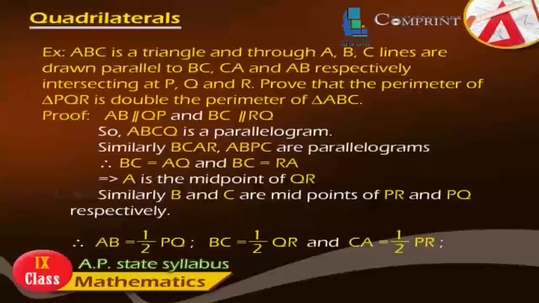Therefore, AB is equal to 1 by 2 PQ, BC is equal to 1 by 2 QR and CA is equal to 1 by 2 PR.